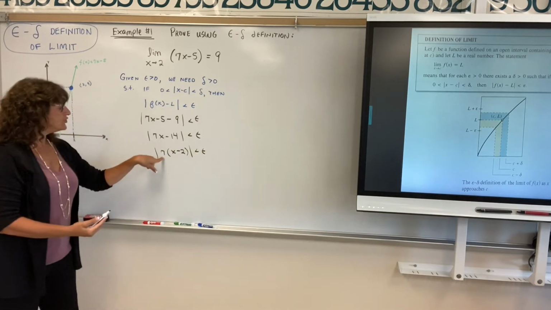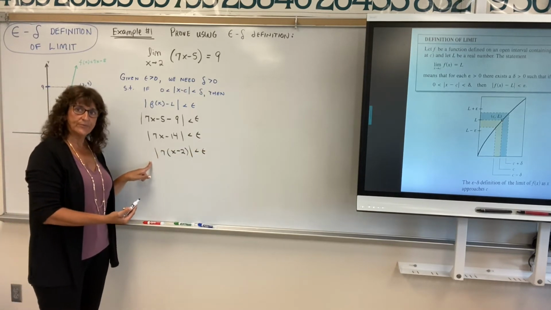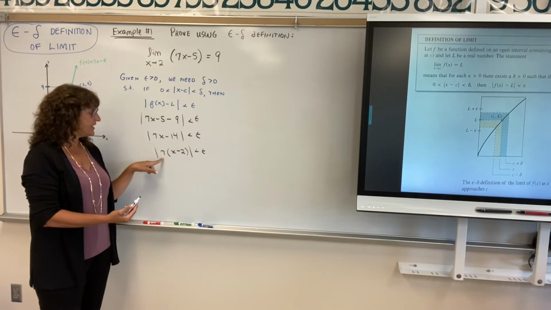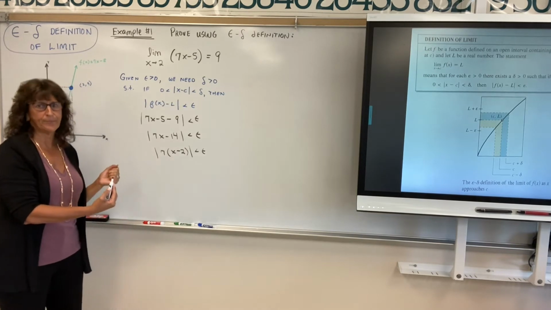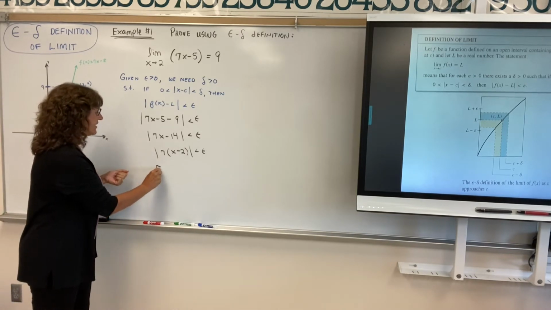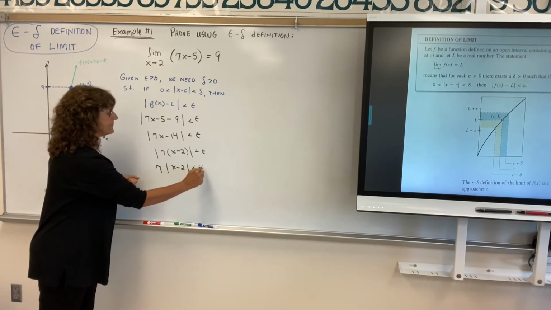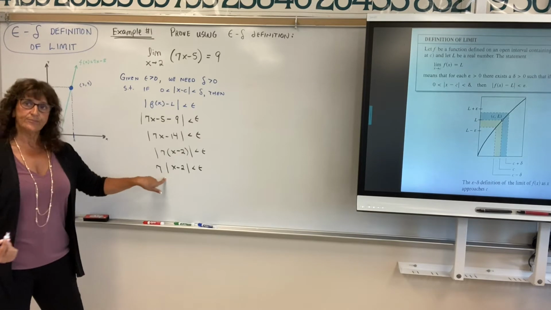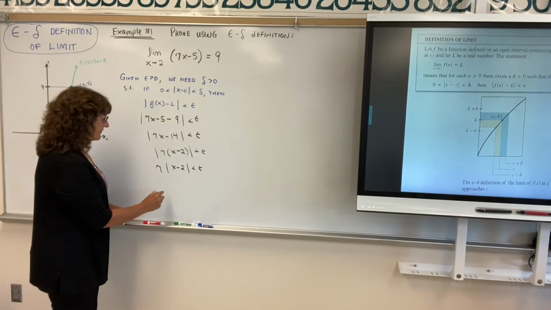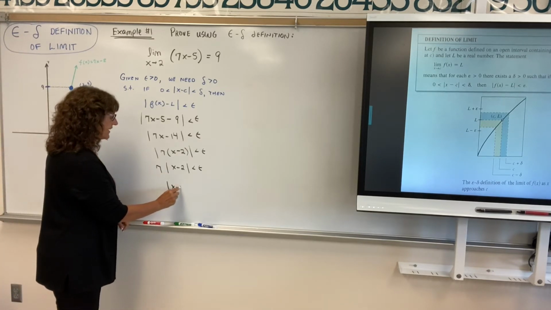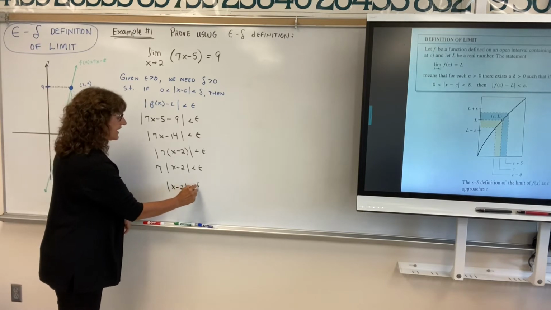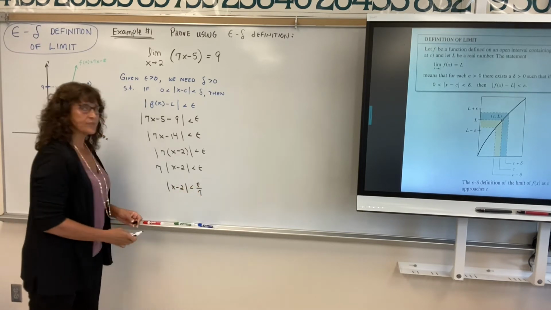And you can take the 7 outside the absolute value signs. It's already positive. If it was negative, you would take it out as a positive number. So you have 7 times the absolute value of x minus 2 is less than epsilon. And divide both sides by 7, so you have the absolute value of x minus 2 is less than epsilon over 7.